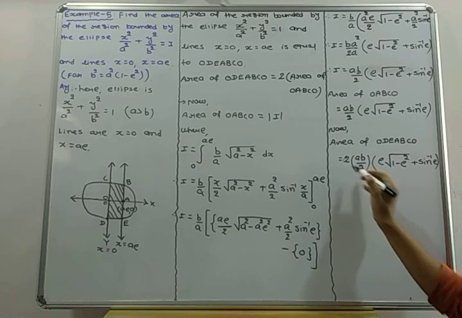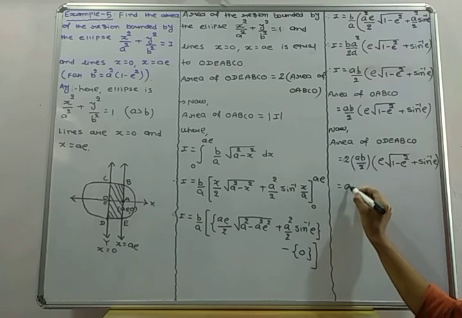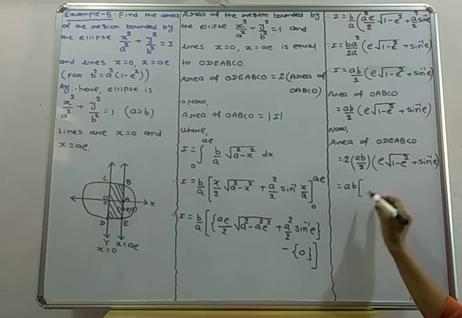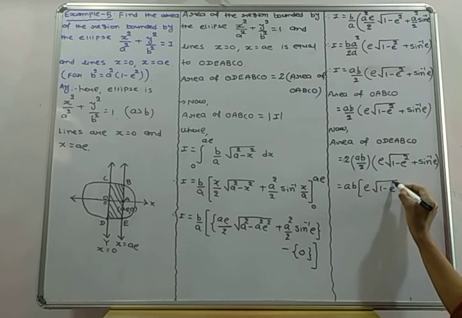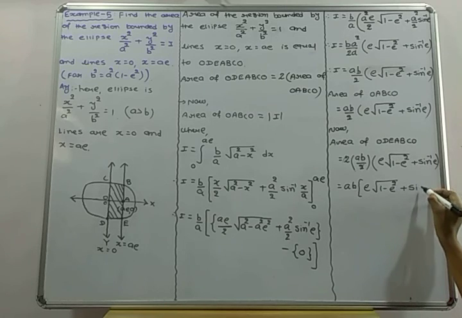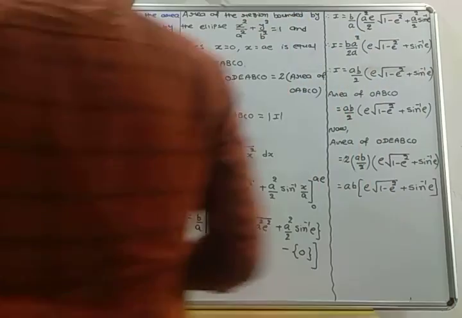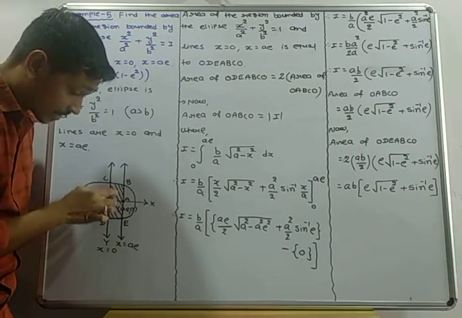Here 2 cancel. So final answer AB e under root 1 minus e square plus sine inverse e. Okay. Finding this area and then double.